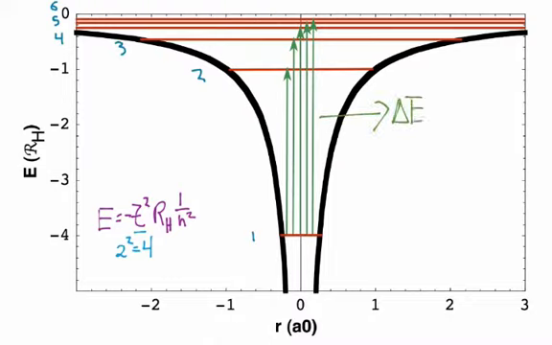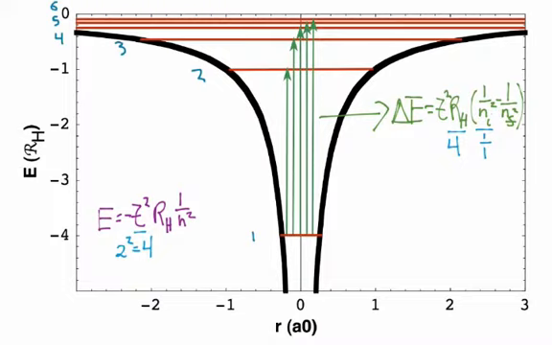The other thing we've got here is these excitations. The energy differences go like Z squared times the Rydberg constant, so that term there is going to be 4 R_H, times 1 over the initial quantum number squared, in this case 1, minus 1 over the final number squared.